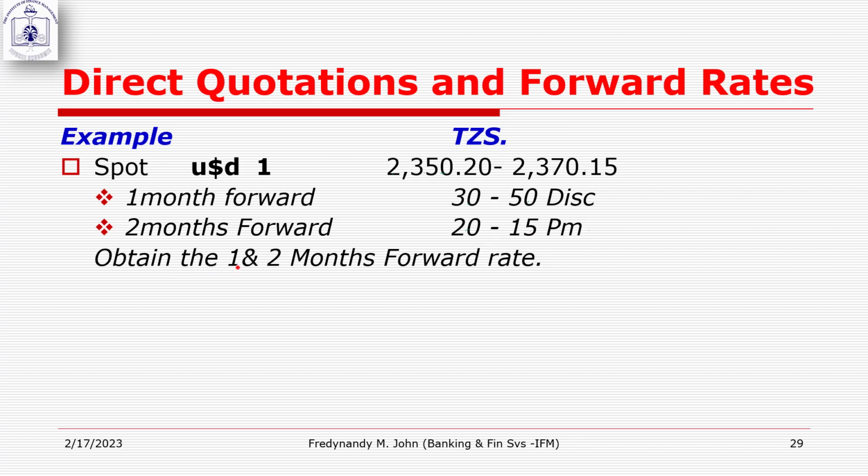Compute the 1 and 2 months forward rate. For you to be able to correctly arrive at the required rates, the appropriate forward rates, number 1, you need to identify the type of quotation. Because after identifying the type of quotation, then we can apply the thumb rule.